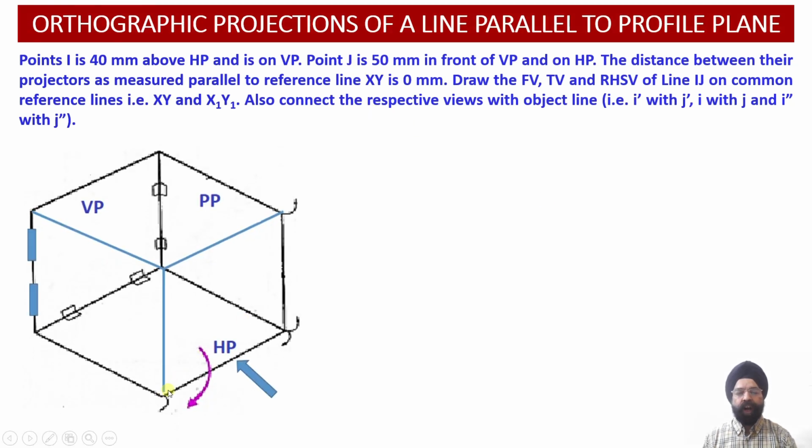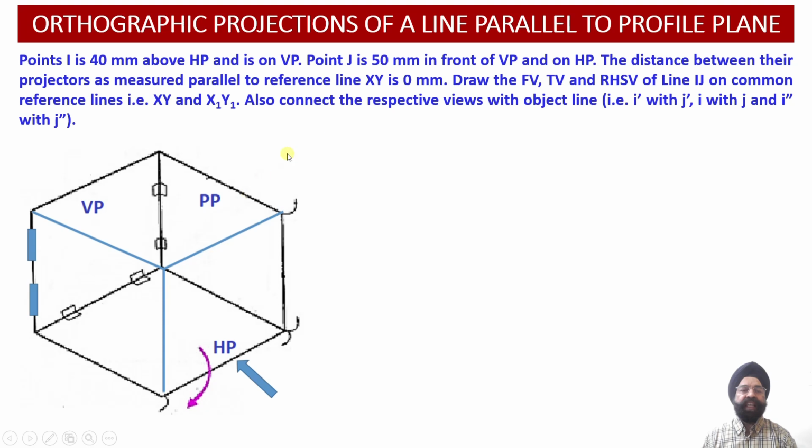Here we have the horizontal plane. This is the vertical plane, and we have one profile plane on the right and another profile plane on the left hand side. Here we are required to draw the front view, top view, and the right hand side view projections of this line IJ.